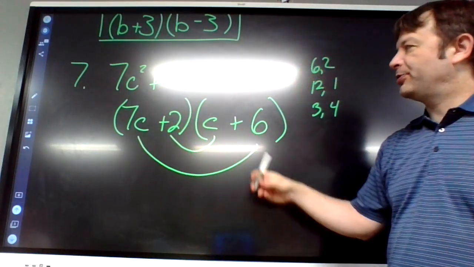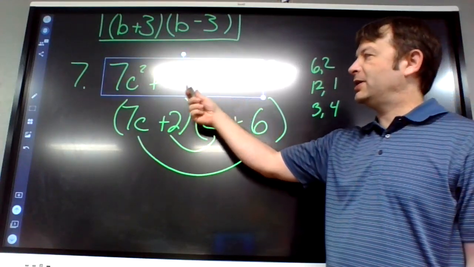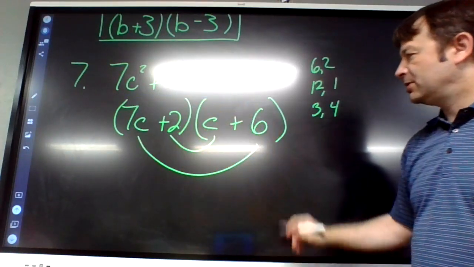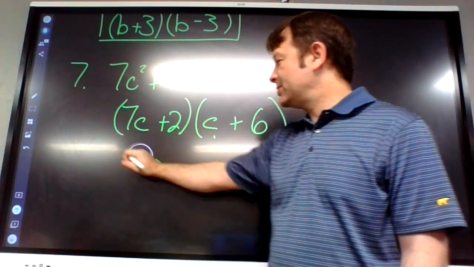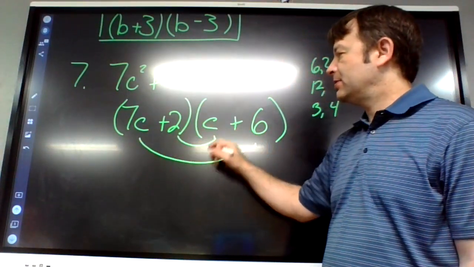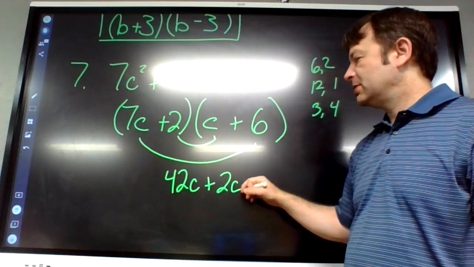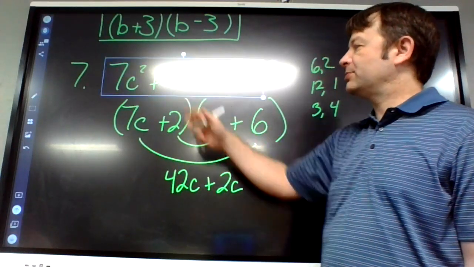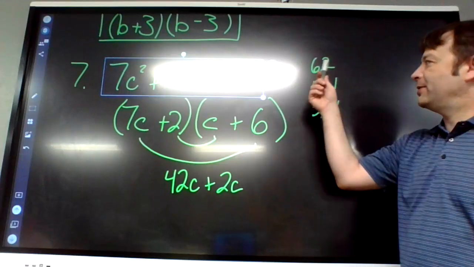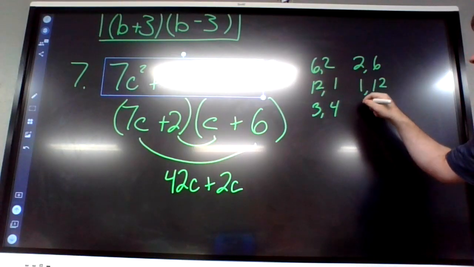Okay, yeah. They both have to be positive because a positive and a positive multiply to a positive, and they add up to a positive. So no negatives on this one. And does it work? If I FOIL the outside inside only, I get 42c plus 2c, which is 44c, which is what we want. You have to keep trying different combos of this until you figure out what works.